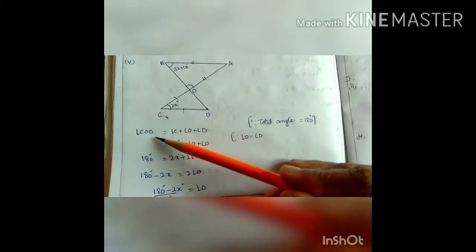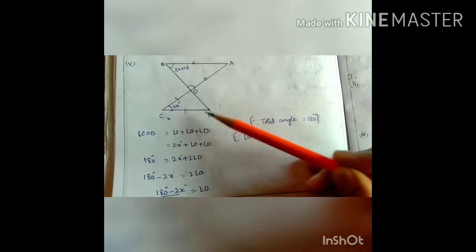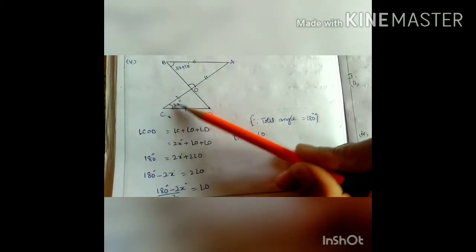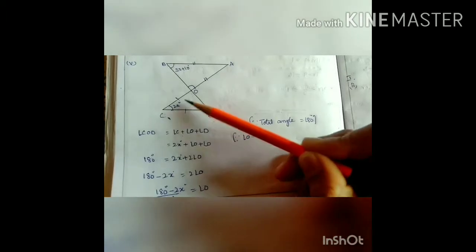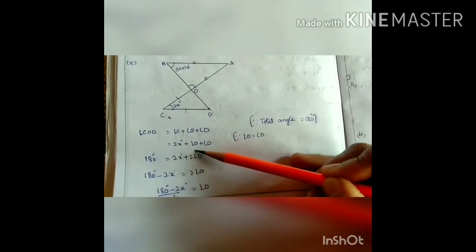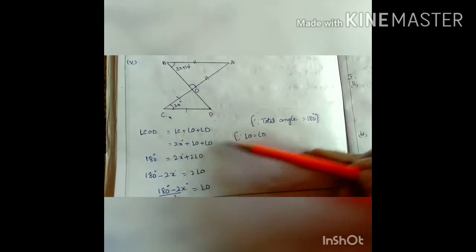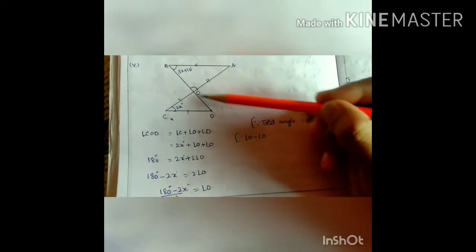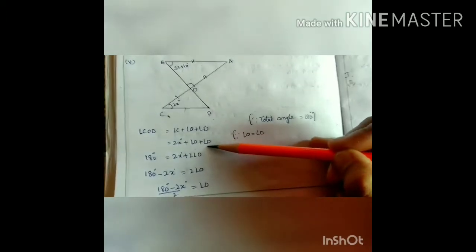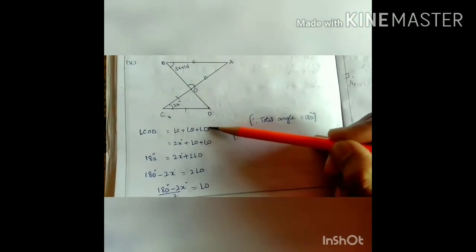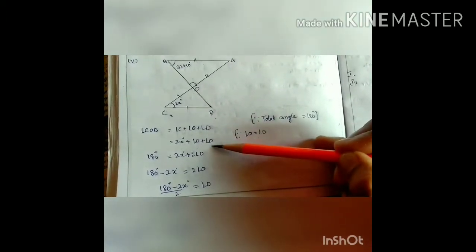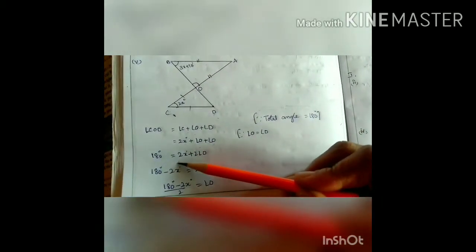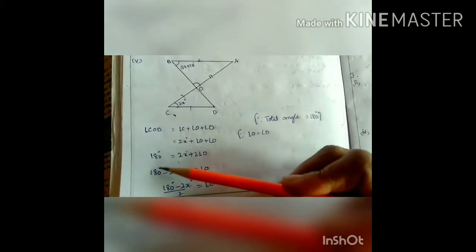So first you take triangle COD. Angle C plus angle O plus angle D, where angle C equals 2x degrees, and angle D equals angle O because they are opposite angles. The total of the angles of the triangle is 180 degrees.